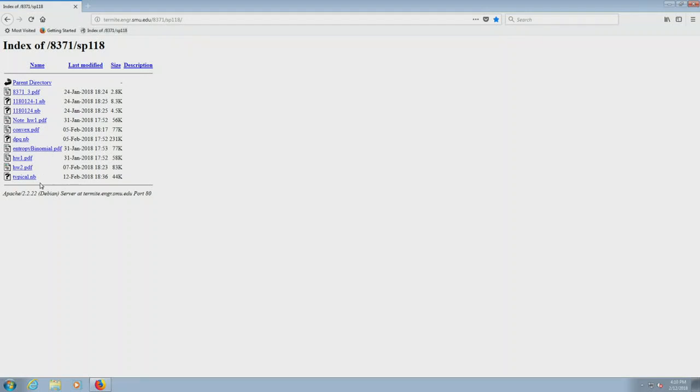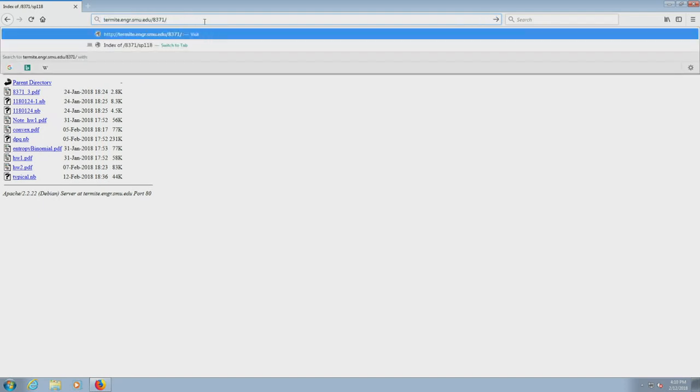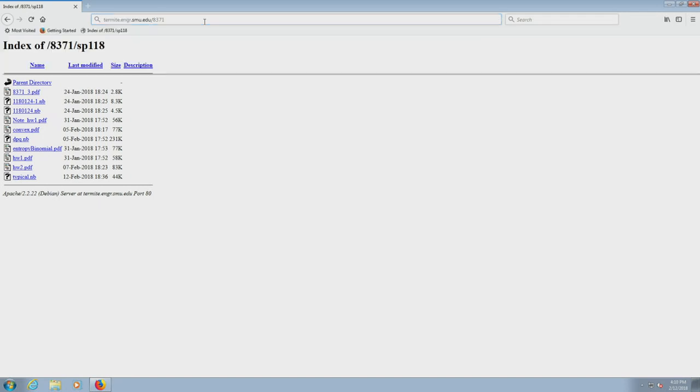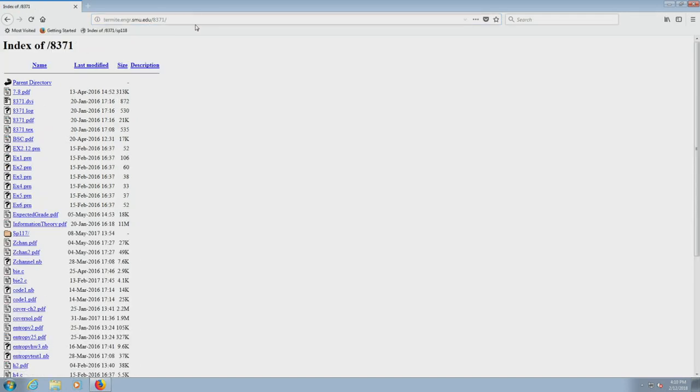Oh, look, we go straight to termite. By the way, go back one to 8371, and you get cover solve.